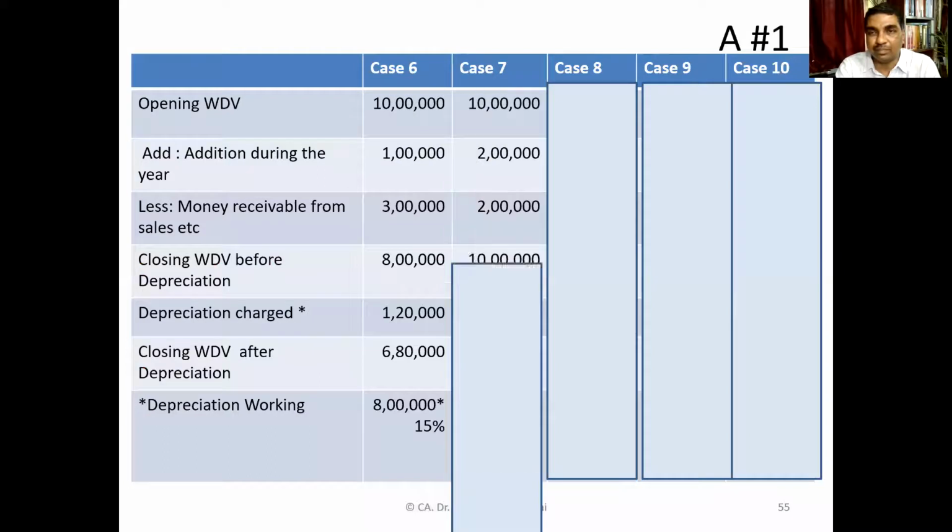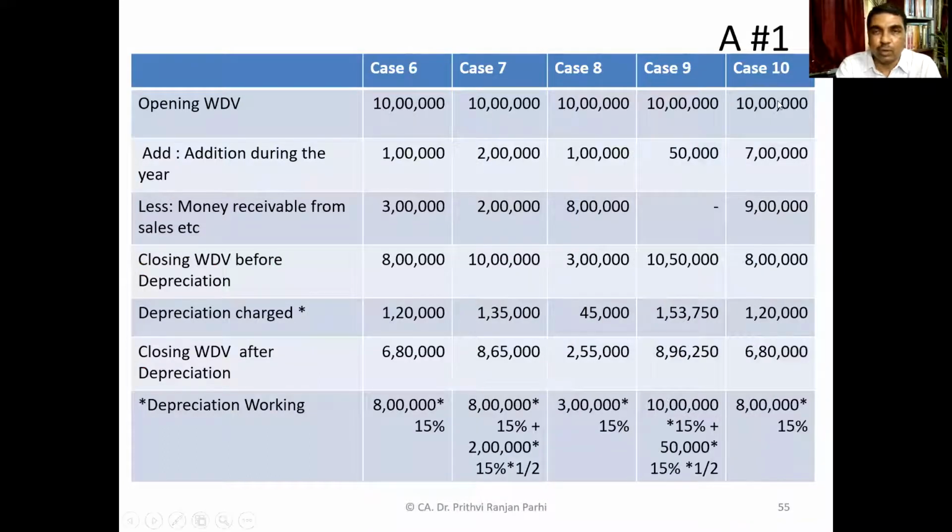Opening WDV 10 lakh, addition 7 lakh, sales 9 lakh rupees, closing WDV 8 lakh. On this 8 lakh, depreciation shall be charged at 15%. It comes to 1,20,000 rupees, and the WDV after depreciation is 6,80,000 rupees.